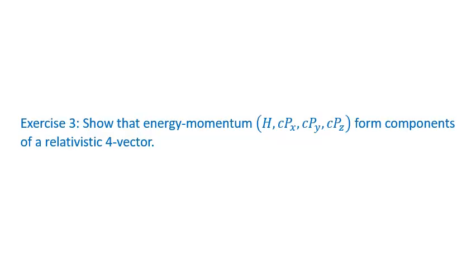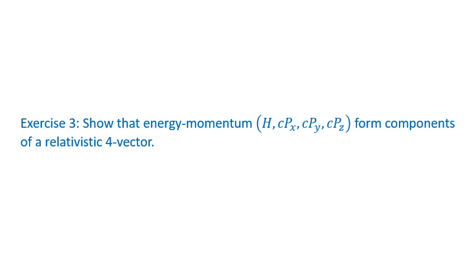Next exercise. Show that energy and momentum form components of a relativistic 4-vector. Here by energy-momentum I mean a 4-component quantity which consists of the total energy operator H and 3 components of the total momentum multiplied by the speed of light c.